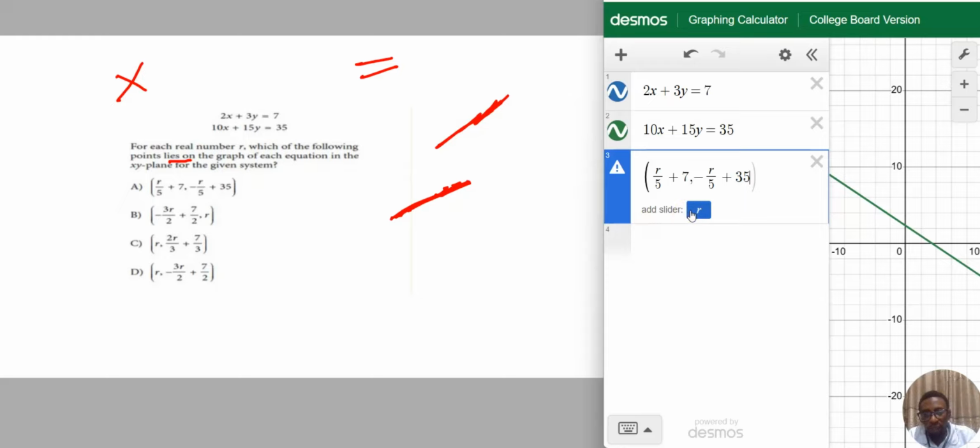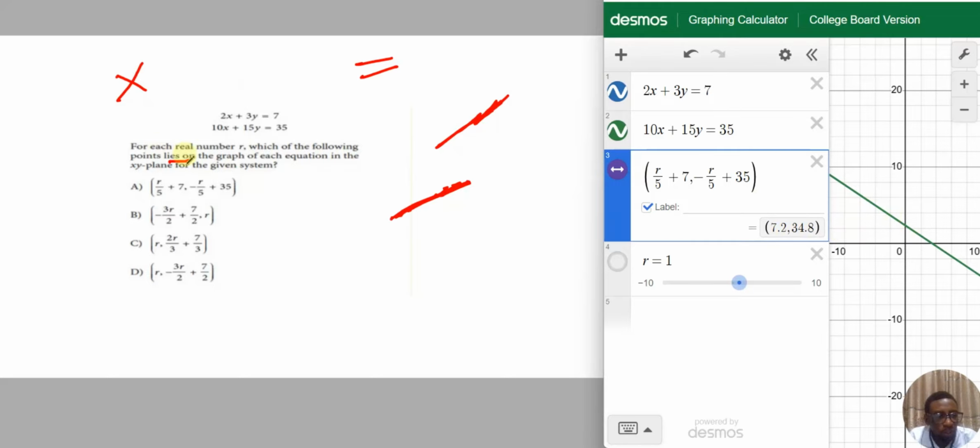If I set my slicer for this, you can see when r equals 7.2, I don't have any point that is on the graph. If I change my r to be 2, this is not on the graph, it's not on the line. If I change my r to be 4.1, it's also not on the line. So that means option A is wrong.